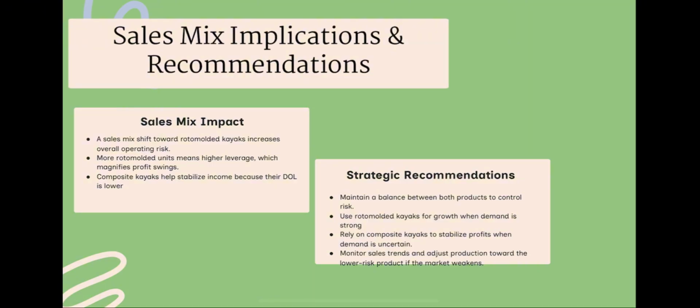So, based on this, my recommendation is that Riverride keeps a balance between the two products. Rotomolded kayaks are great for growth when demand is strong because they boost profit quickly, but relying on them too much increases risk. Composite kayaks help stabilize profit during weaker or more uncertain periods, so maintaining them in the mix gives the company more stability.